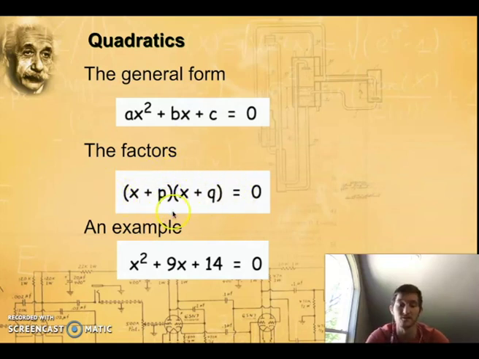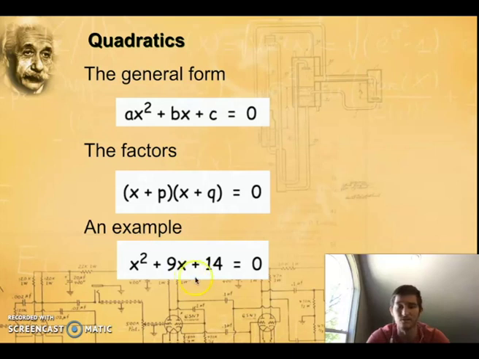We combine like terms. So what we're going to end up getting is our p and q, when multiplied together, are going to give us our constant term c, and then p times x plus x times q is going to give us our middle term, or the value for b here.